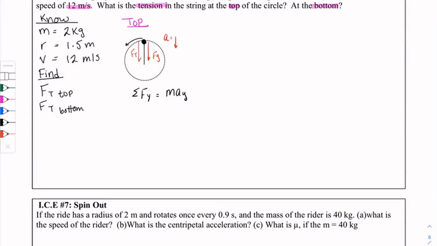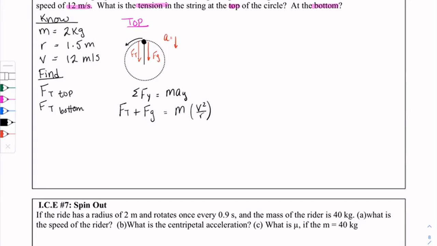That means those two forces, the tension and the weight, are going to be positive because they're moving in the same direction as the motion. Okay? So I'm going to say Ft plus Fg, both going in the same direction, equals m, and I know that my centripetal acceleration is going to be v squared over r. We've already learned that that is the equation for acceleration.